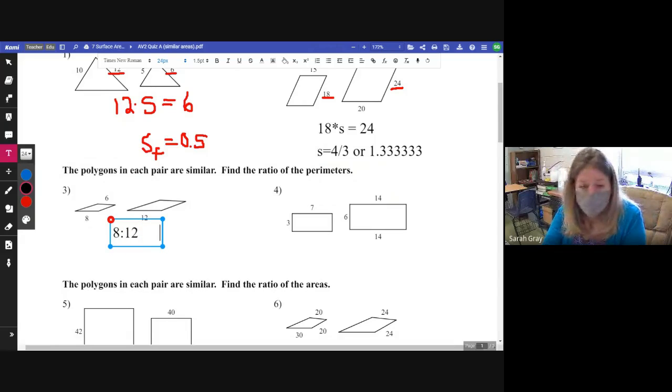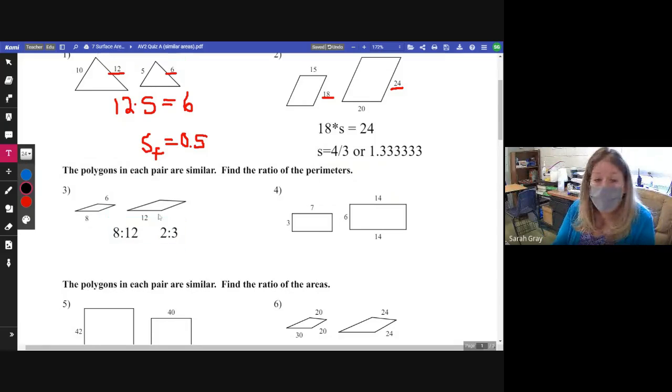Simplify that. 2 to 3. Ratio of sides and ratio of perimeters are the same. So 2:3 is the answer there. That is the ratio of the perimeters. I didn't have to add up and find the actual perimeter of the shape. I just had to pick 2 corresponding sides and simplify their ratio.